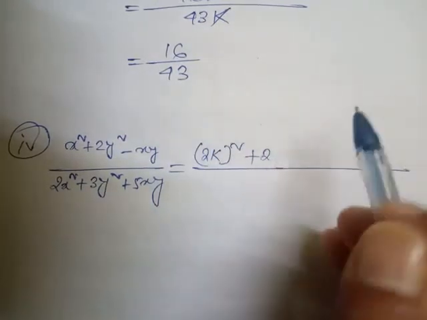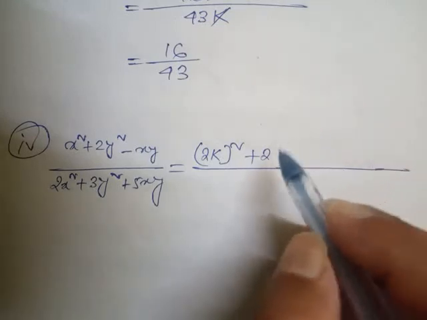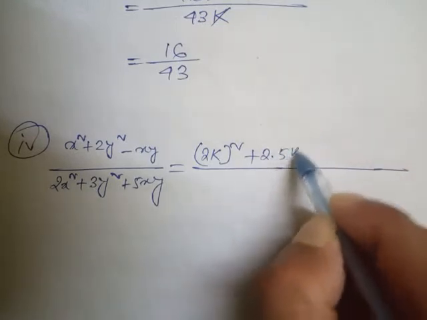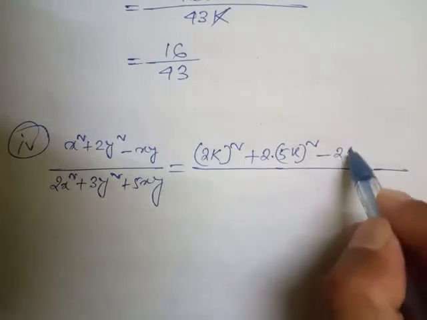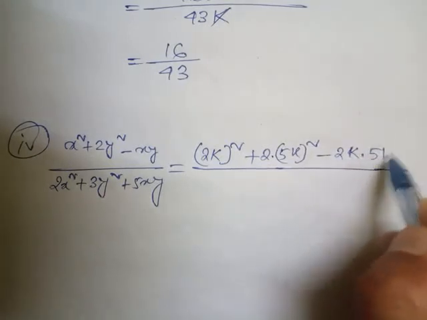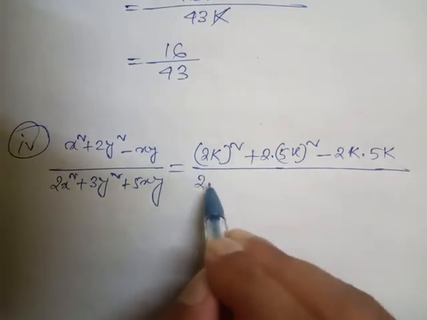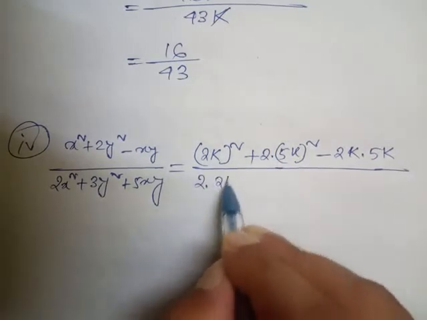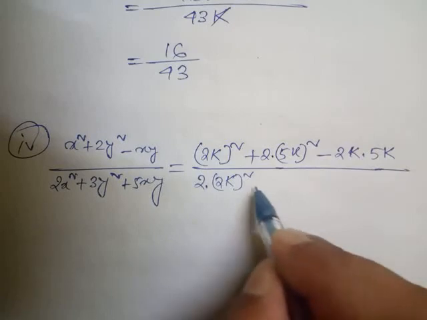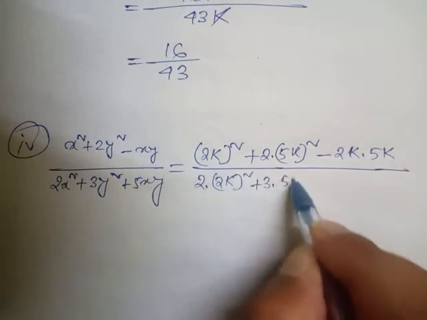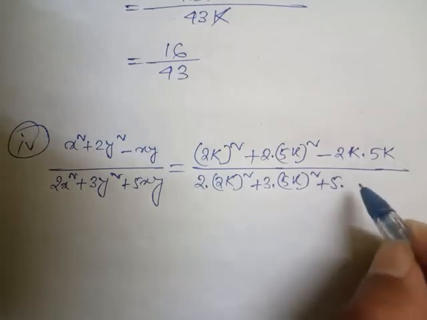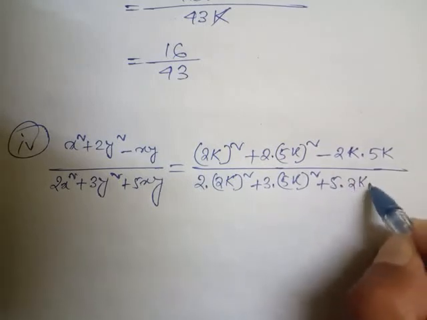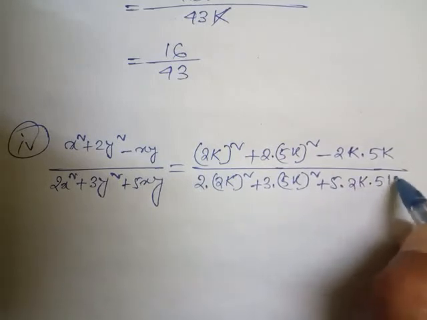Now 2 into the value of y is 5k, so 5k square minus xy, x means 2k into 5k. Then 2 into x square, which means 2k square, plus 3 into y square means 5k square, plus 5 into xy, x is 2k and y is 5k.